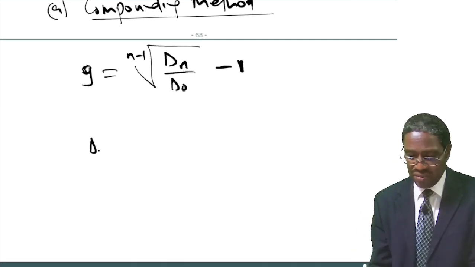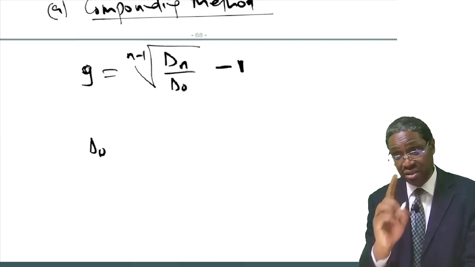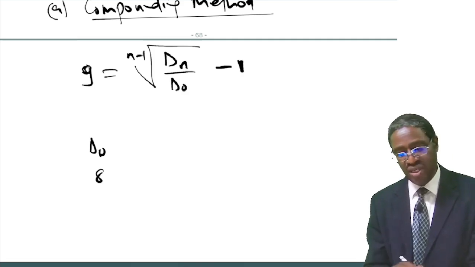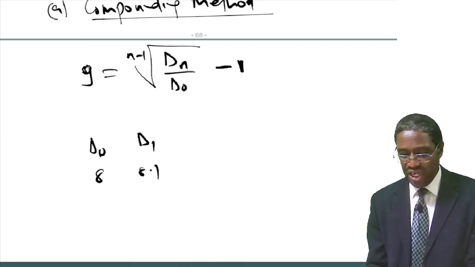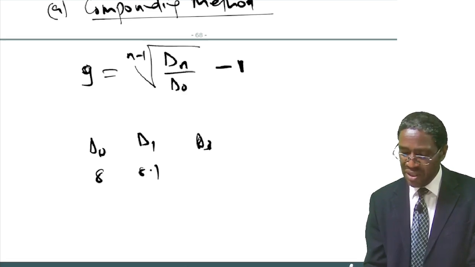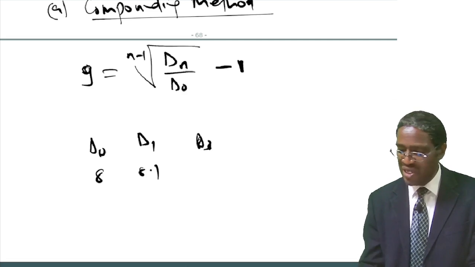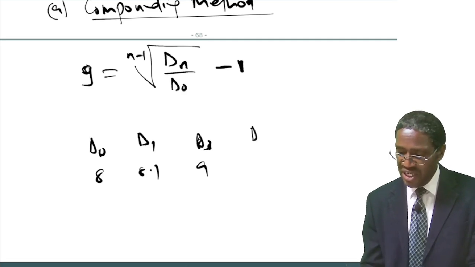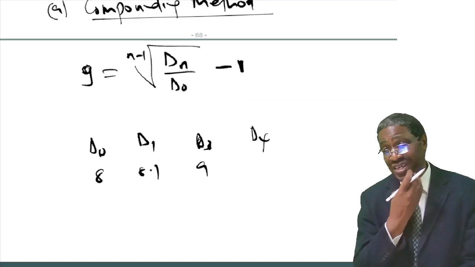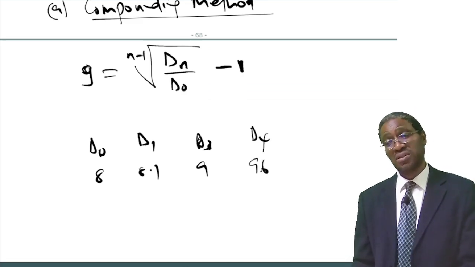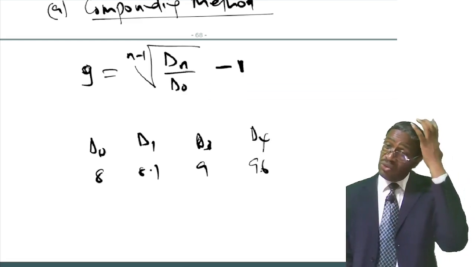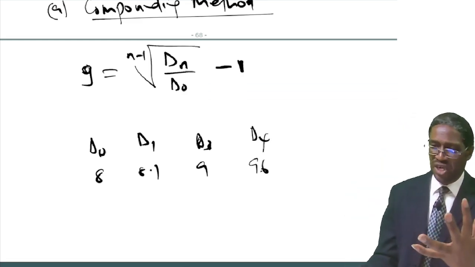In year 1, which I call D0, they paid a dividend of 8. D1, the following year, they paid 8.1. At D3, they paid maybe 9. And D4, which is the latest, they paid 9.6. So these are 4 years of dividend records.